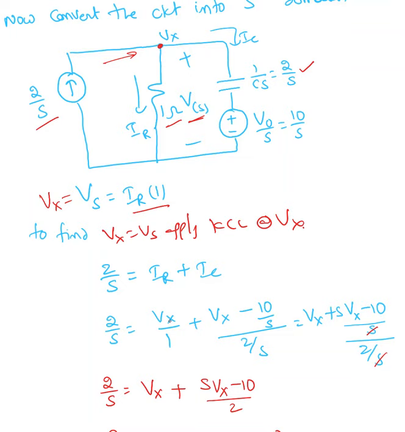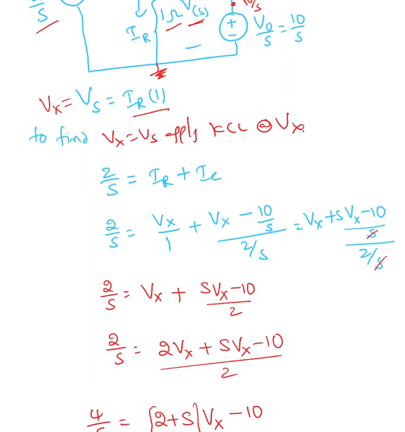So 2 over S equals Vx over 1 plus Vx minus the voltage at this point, which is 10 over S, all over 2 over S. After simplifying this, I ended up with 2 over S equal to Vx plus Sx minus 10 over 2.